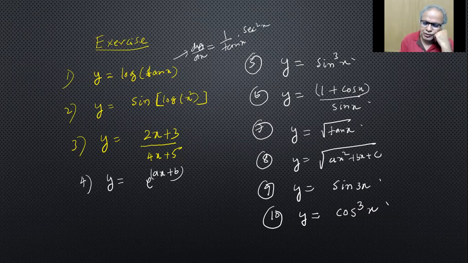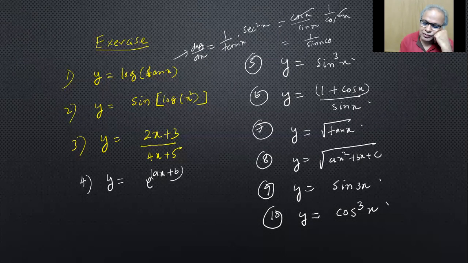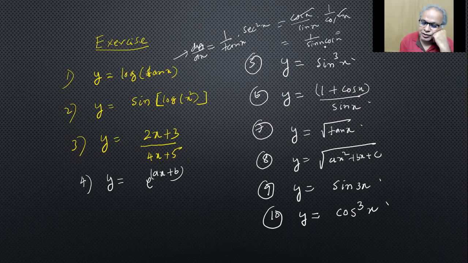You can simplify whatever you want, that's not a big deal. You get cos x by sin x into 1 by cos square x, so 1 by sin x cos x, just for the sake of trigonometry. We can write it as cosecant x, secant x, right? 1 by sin x is cosecant x, 1 by cos x is secant x.